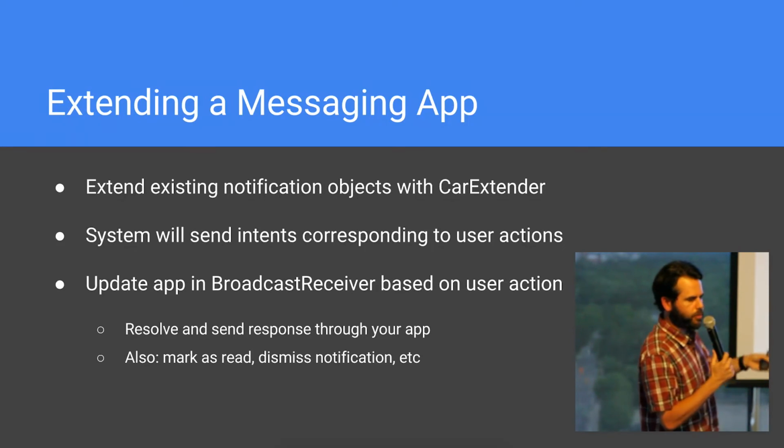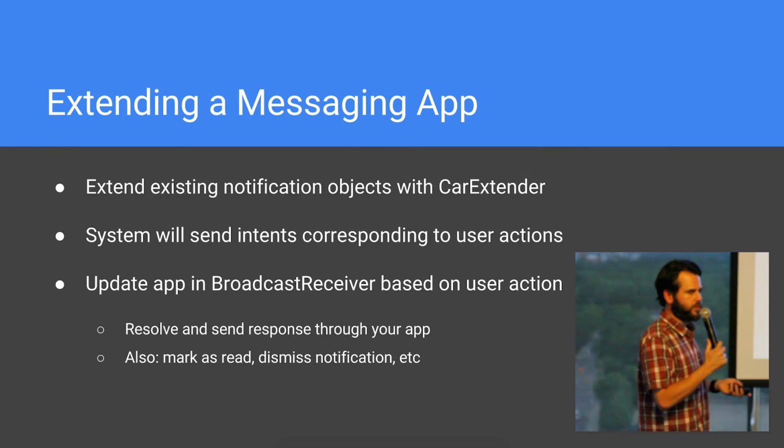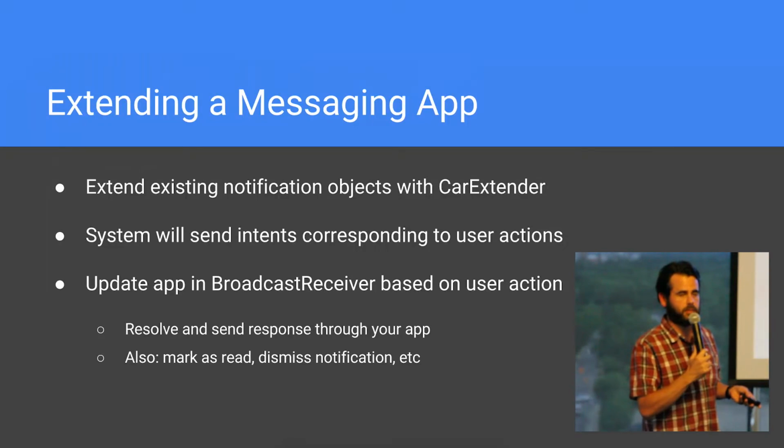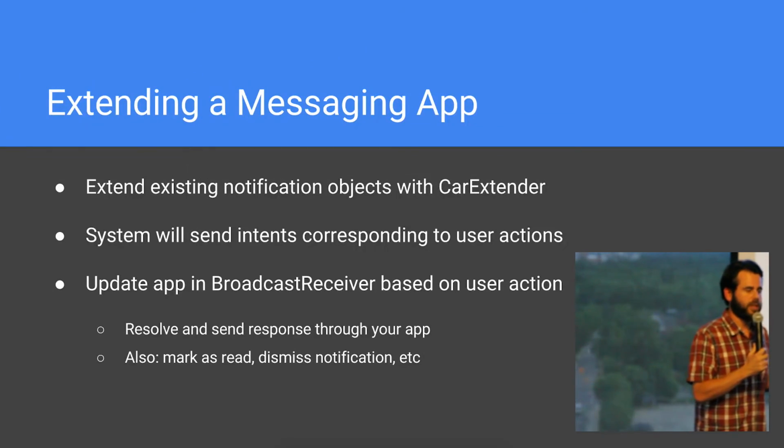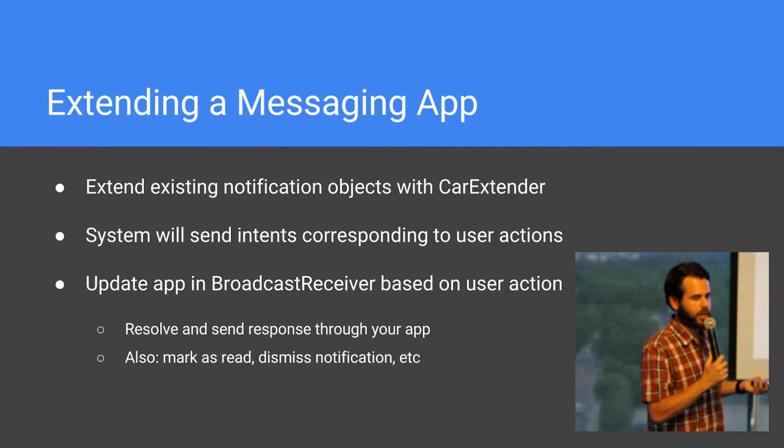And then obviously when you play it, it'll read out the message. And the system will actually send intents that correspond to specific user actions, such as when the user presses on the notification, to mark it read, when the user responds to it, that sort of thing. And you can actually catch these in your app in a broadcast receiver.